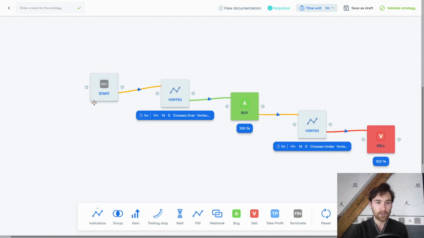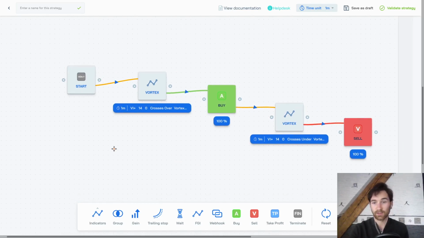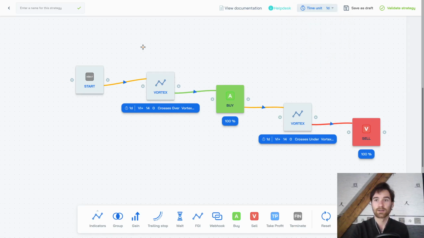So a crypto trading bot executing this strategy will start here, then wait for the VI plus line to cross over the VI minus line, then send a buy signal, then wait for the VI plus to cross under the VI minus line, then send a sell signal, and then start again here, etc. So that's my strategy. That's what I wanted to do. I will just configure it in a daily time frame here.